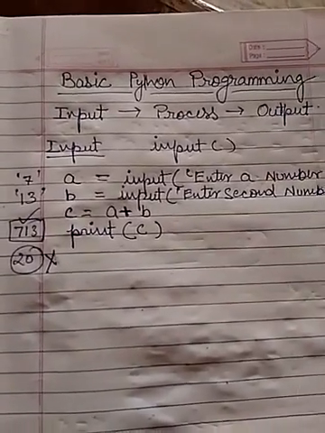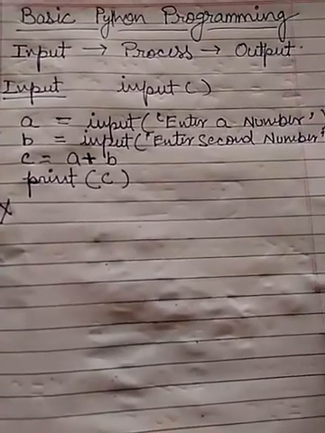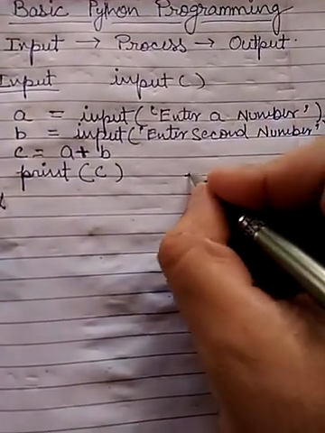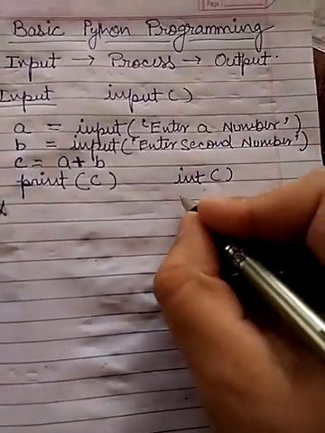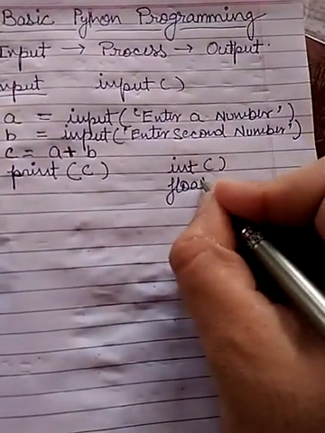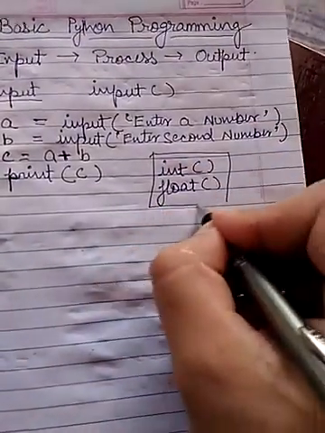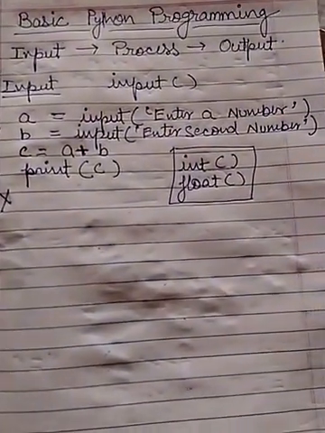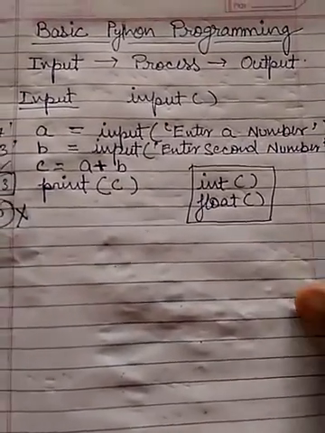If we want to read the content in the form of integer or float, then there are built-in functions int and float. These are the functions which are provided by Python to read the value in the form of integer or in the form of float.